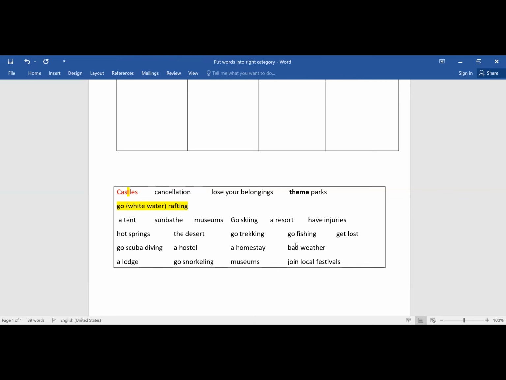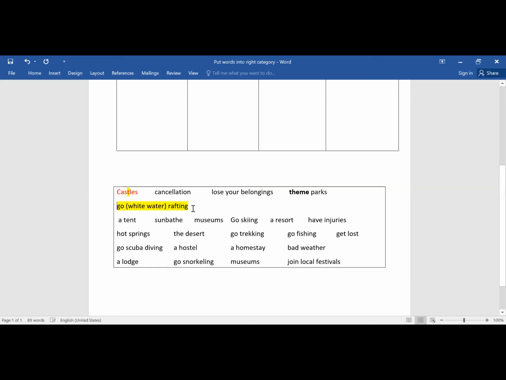I think it's a dangerous sport. Yes. And what equipment or what device do people need if they want to go rafting? Do they need a bicycle, or do they need a boat? So what equipment do people need? I think you will need a boat. Yes, people need a boat, everybody.